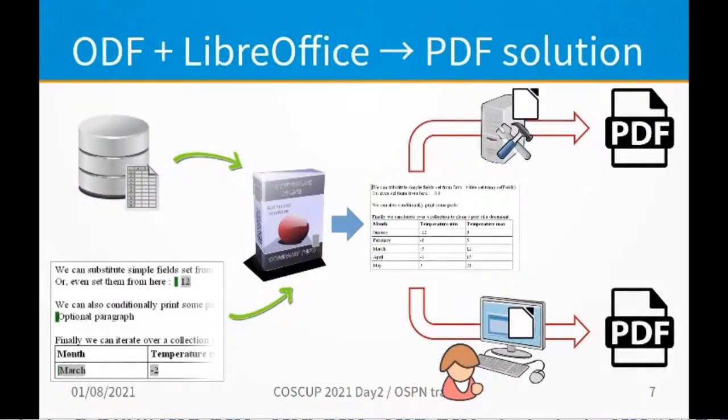So we prefer ODF for a PDF generation system. For example, we have some database and some document templates, and a product document system can read both the database and the template. So it automatically generates ODF.